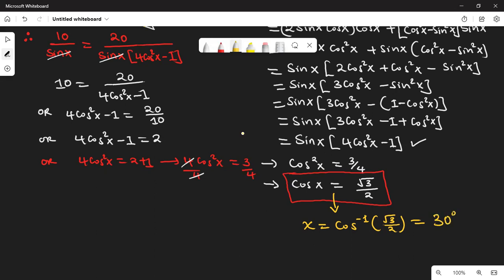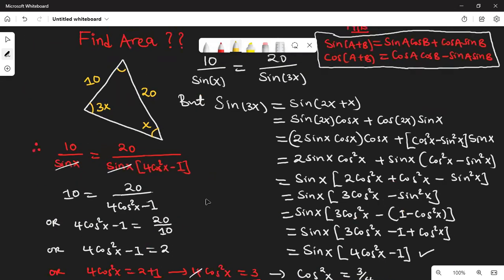So when you go back to your triangle, now that we know x, it means one angle is 30, another angle is 90, and you know the properties of angles in a triangle, that the sum of interior angles must add up to 180 degrees. So to get the missing angle from here, we'll take 180 minus the sum of the two angles.